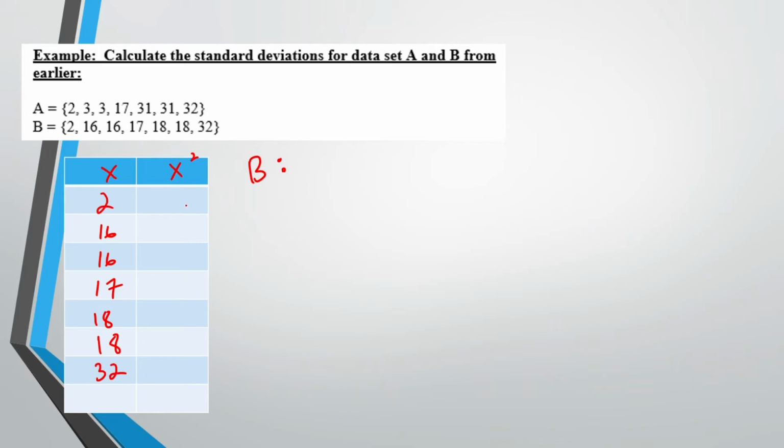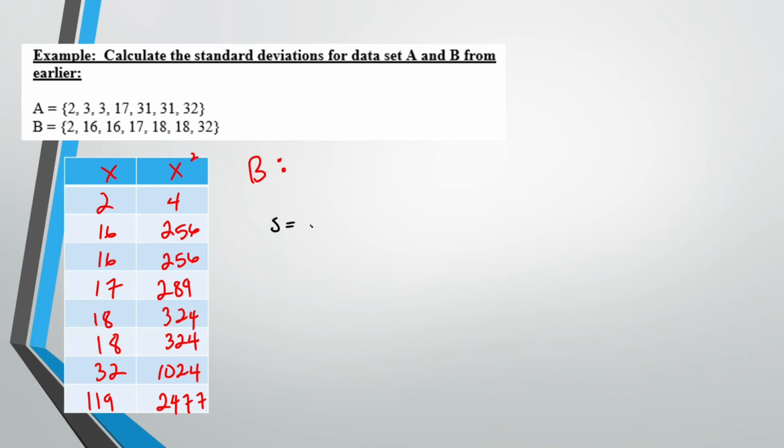For the second column, we'll square the values. 2 squared is 4, 16 squared is 256, 17 squared is 289, 18 squared is 324, and 32 squared is 1024. Now the total for the first column is 119, and the total for the second column is 2,477. Now let's plug everything into our formula.